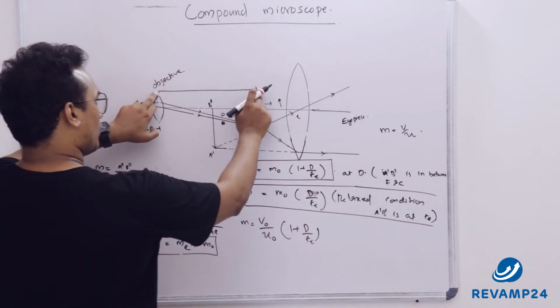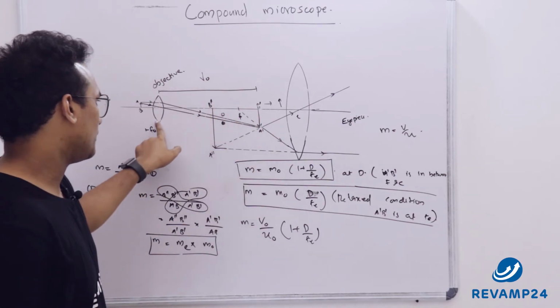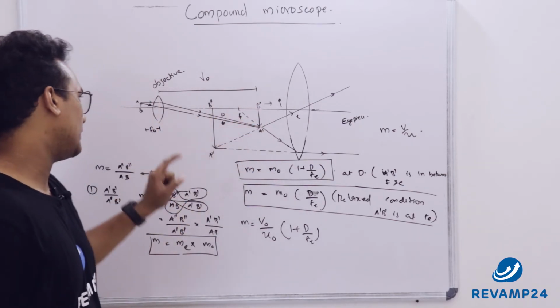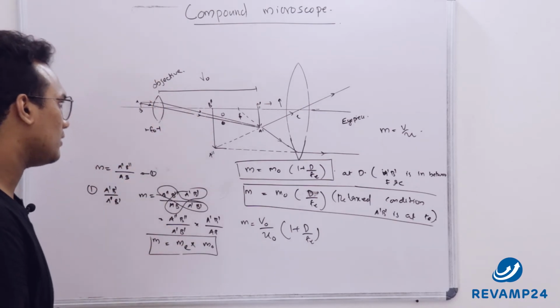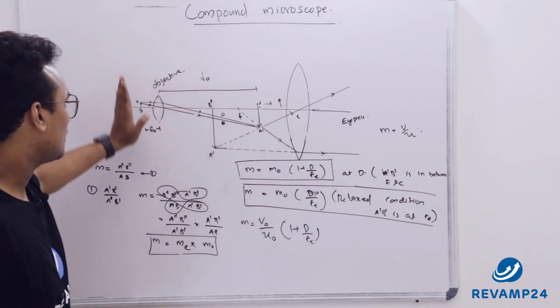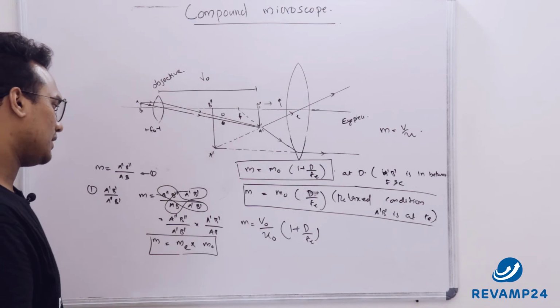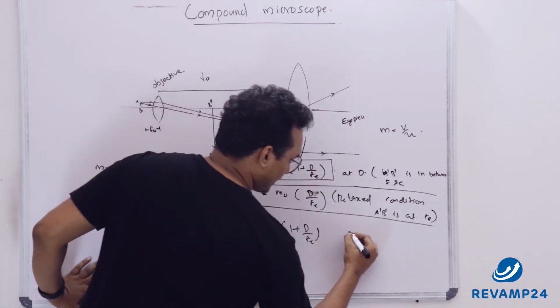So this distance, that is the distance between the image created by the object, that is A dash B dash, with respect to the objective lens, can be assumed as the total distance in between objective and eyepiece, that is nothing but the length of the microscope. So I am taking an approximation.